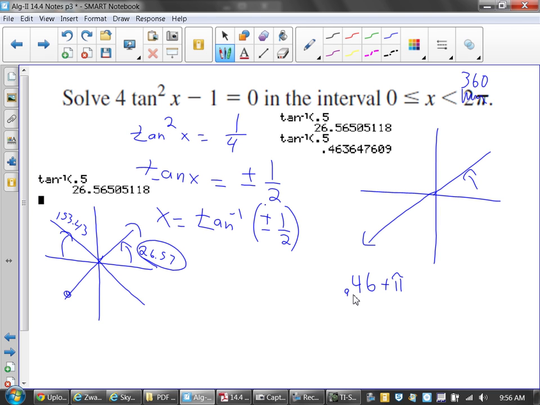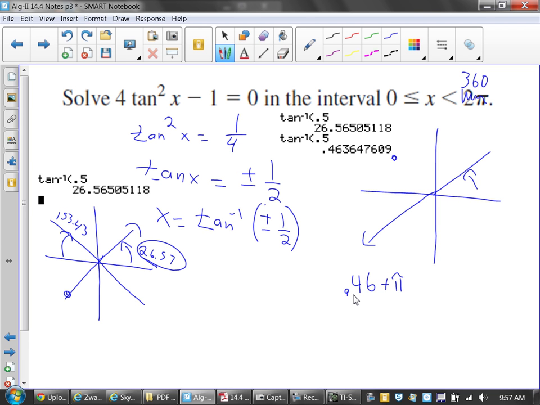The calculator gave me the first quadrant radian measurement in decimal form. Knowing that tangent is also positive pi away from it, all I have to do to get the other value is just add pi. That's how I get the other angle.